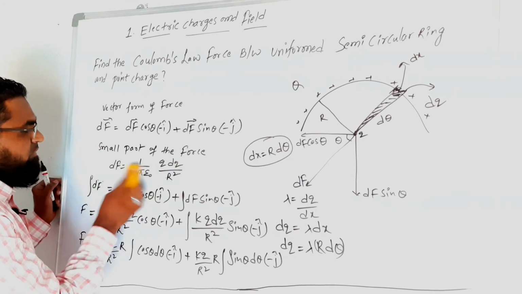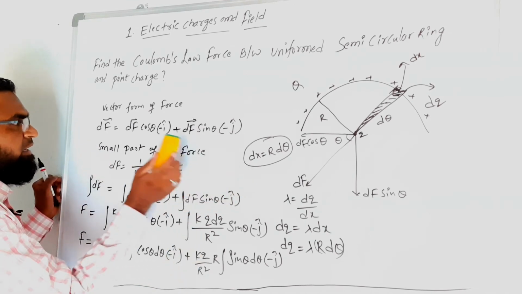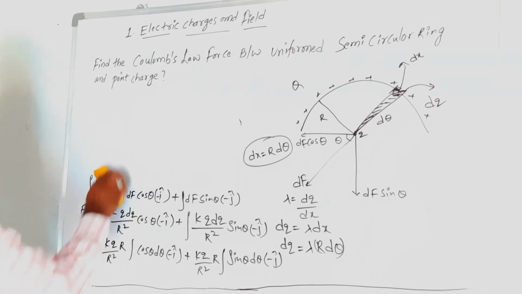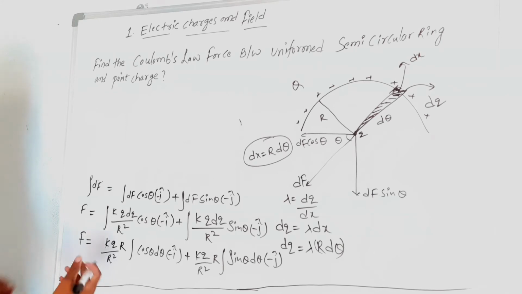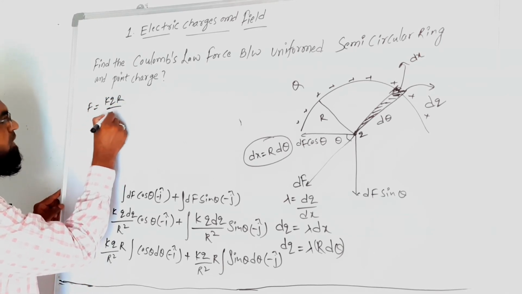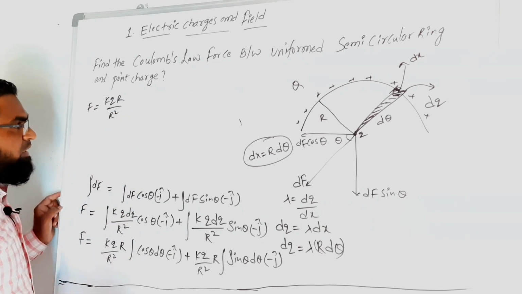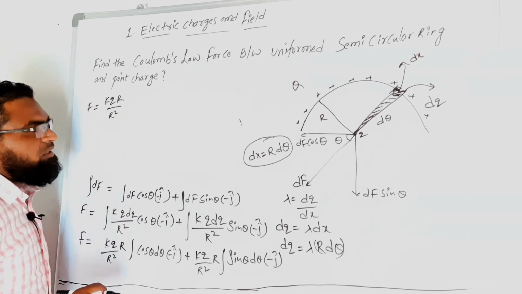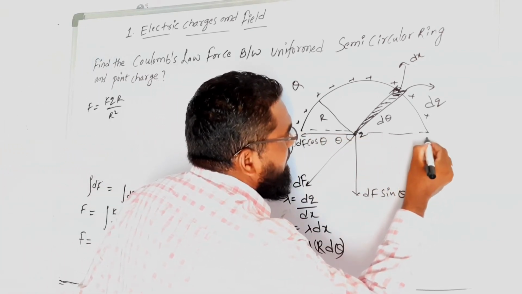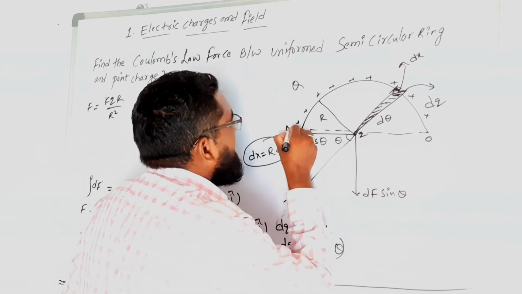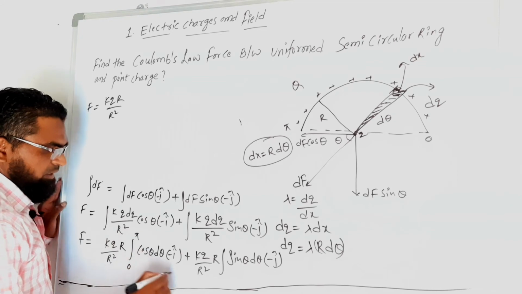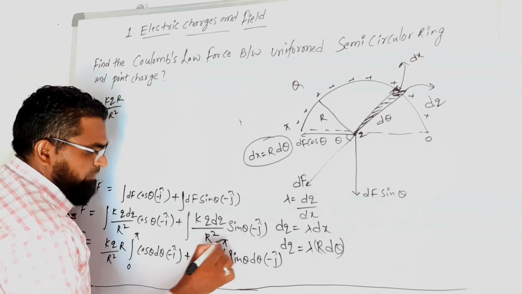The small part of the force and everything is written clearly, the diagram also is clear. Next step, listen. Now f equals kQr by r square integration cos theta, but the limits are important. What are the limits? The total is 180 degrees, where the origin point is 0 and the total is pi. So the limits are 0 to pi: lower limit 0, upper limit pi.